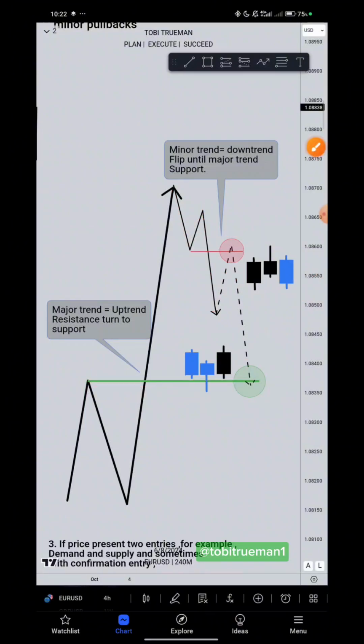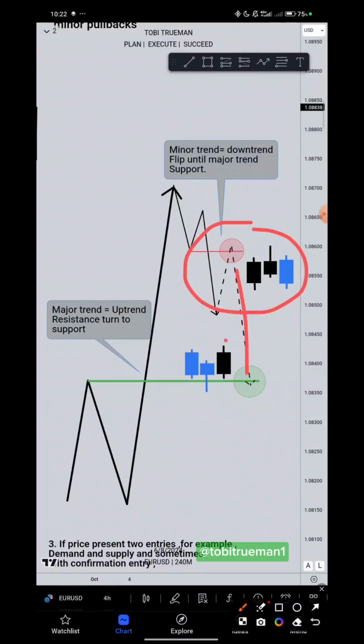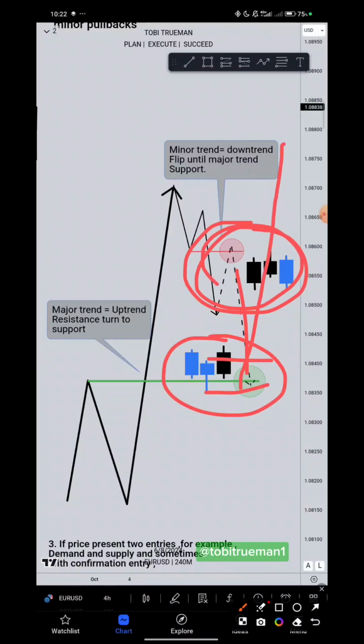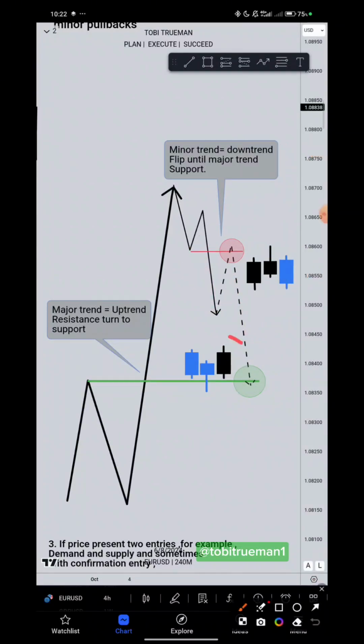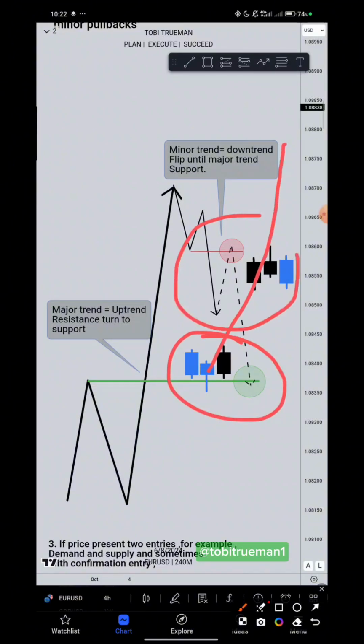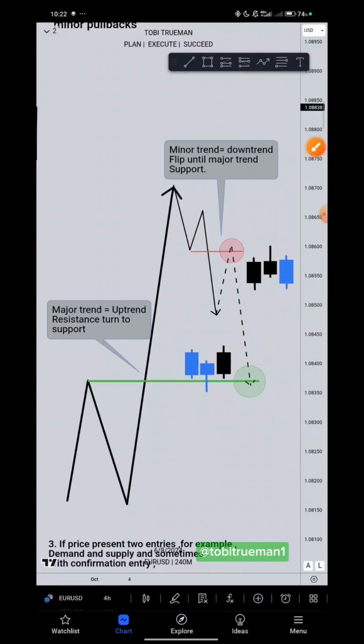If our trade here has not already hit profit before price comes to this particular flip zone of the major trend, and we buy here, this buy is going to cancel out any trade we have in this place. Hope you understand it. This major trend buy is going to cancel any trading decision made in this place. So we have to take note of that, so that our trade will not be hitting stop loss unnecessarily.